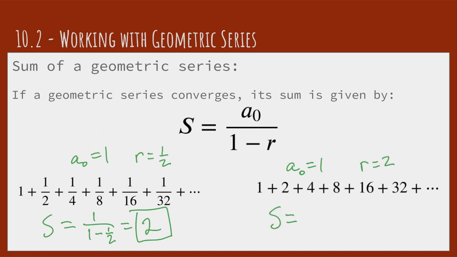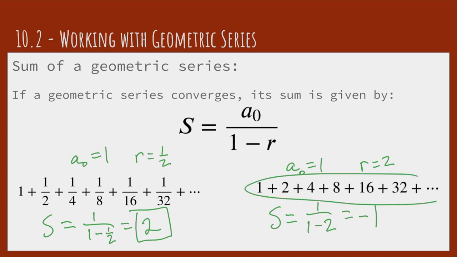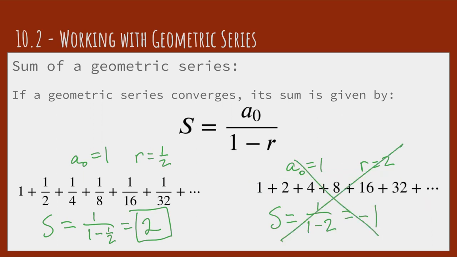So we could say the sum is equal to the first term over 1 minus the common ratio, which is -1. It does not make sense to say that these terms add up to -1. Obviously, the sum is getting really big. So this formula only works if the series converges. If the series diverges, we don't want to try to use this sum formula.